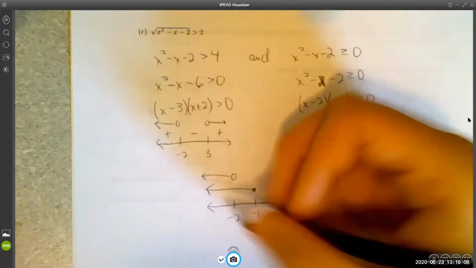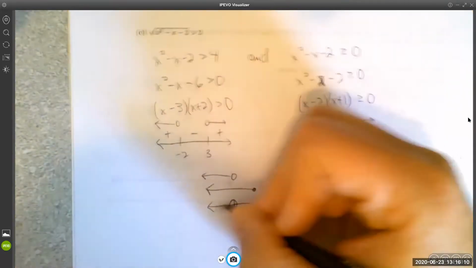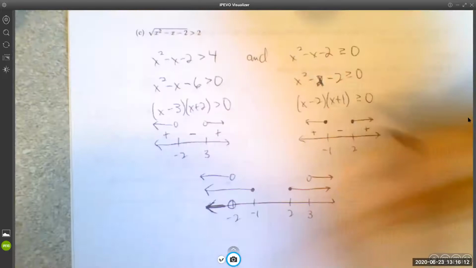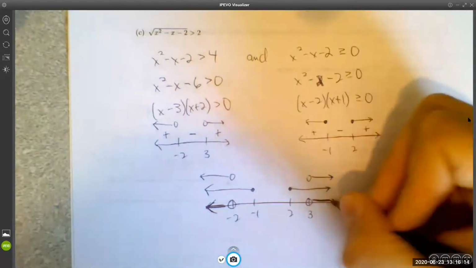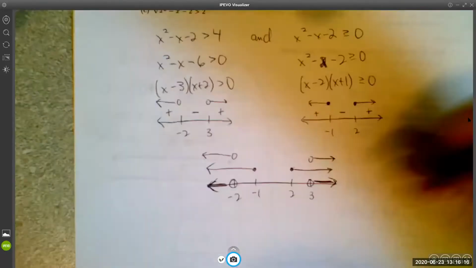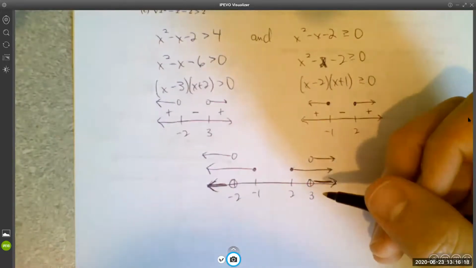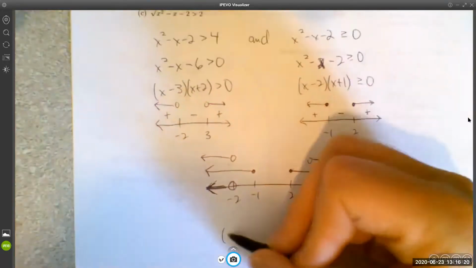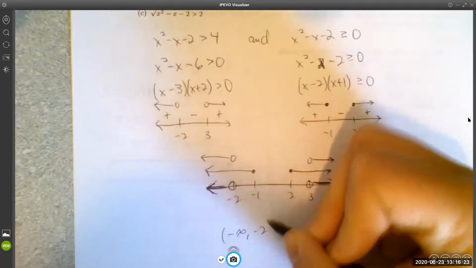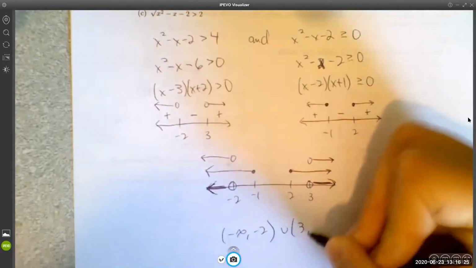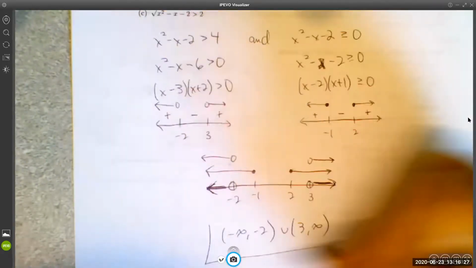The intersection then is going to be there and there. Okay? So the solution set is going to be negative infinity to negative 2, union 3 to infinity. And that's that one.